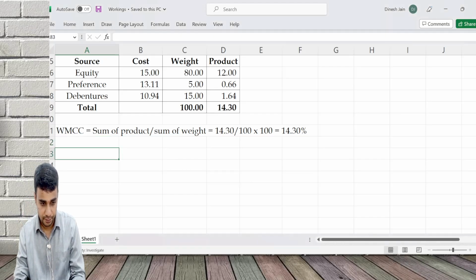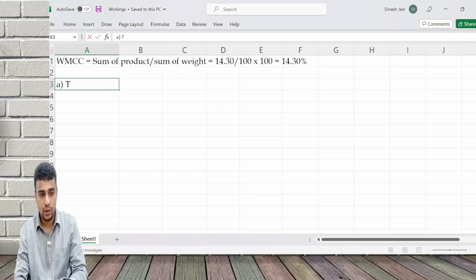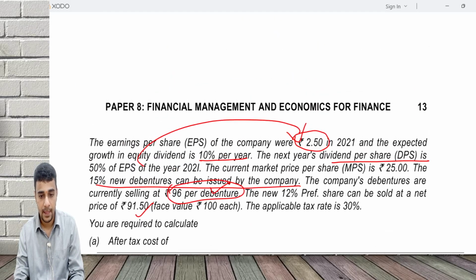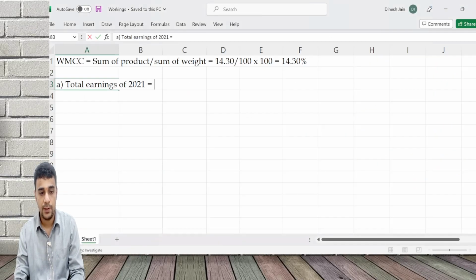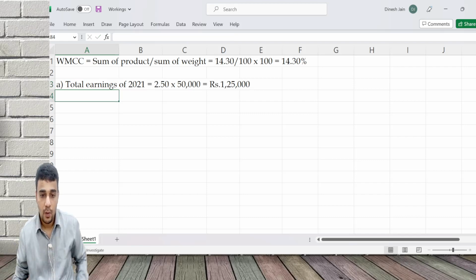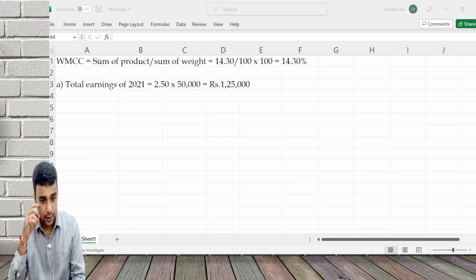So point number 8, total earnings of 2021. Earnings per share is 2.5 and number of shares were 50,000. So 2.5 into 50,000, 1,25,000 is the total earnings of 2021.